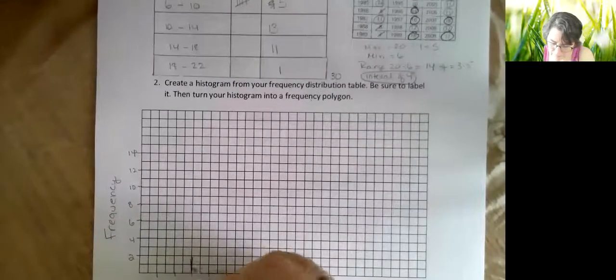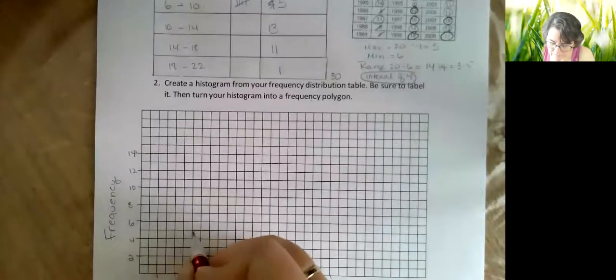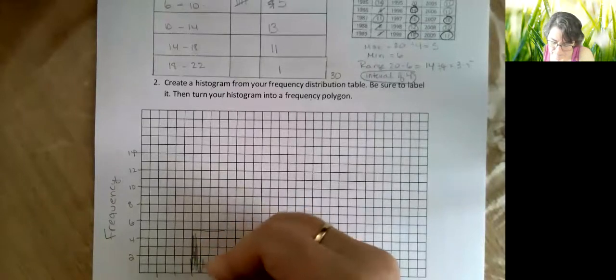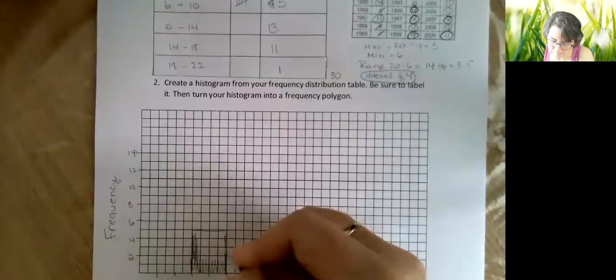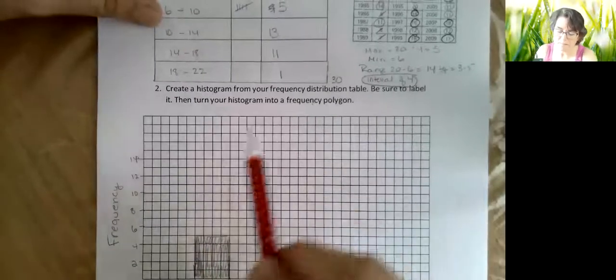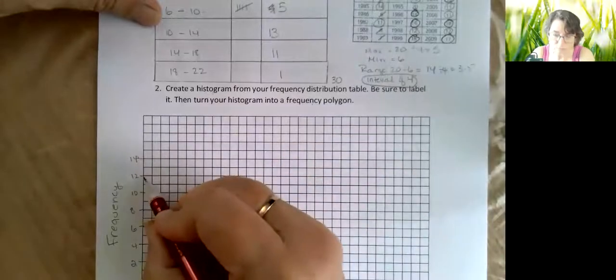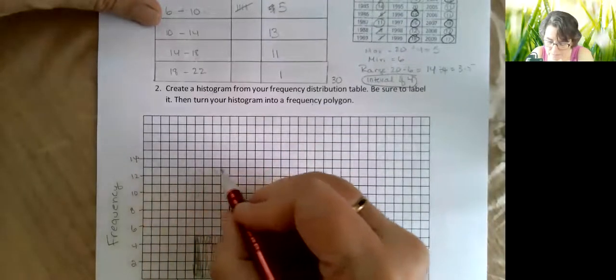There were 5. So there's 6. And there's 10. And we need to go 5 up. And then from 10 to 14, so it's going to be over to this line. There were 13. So there's 12. So then 13 must be that one.